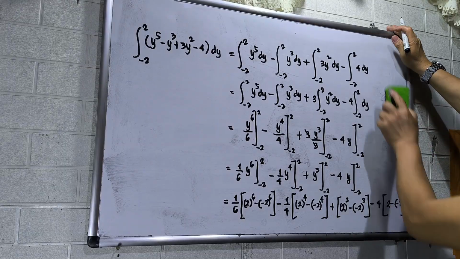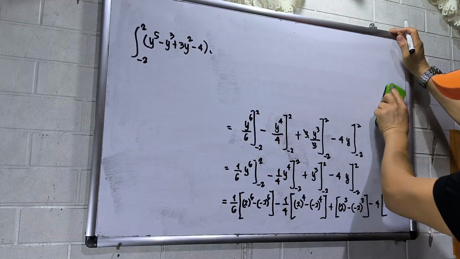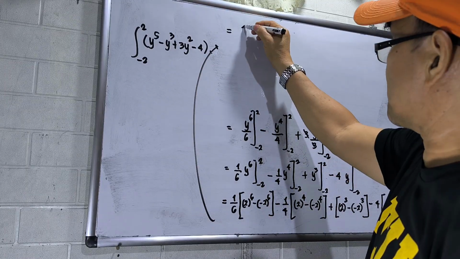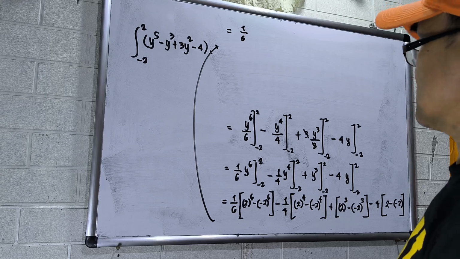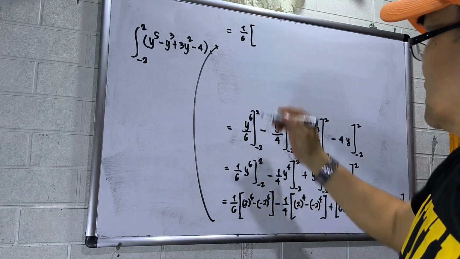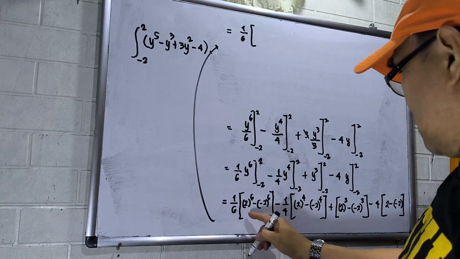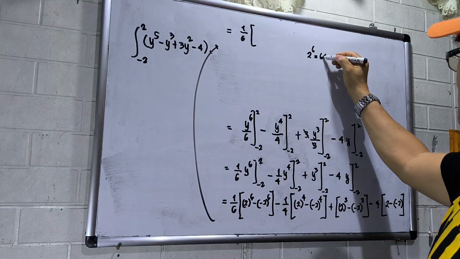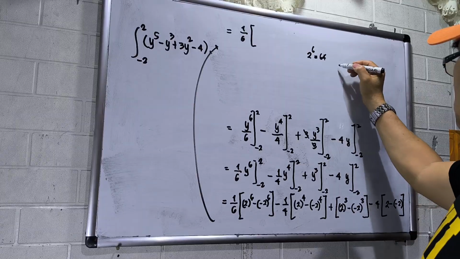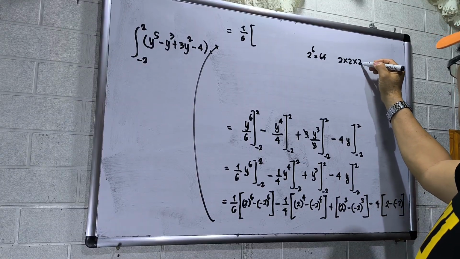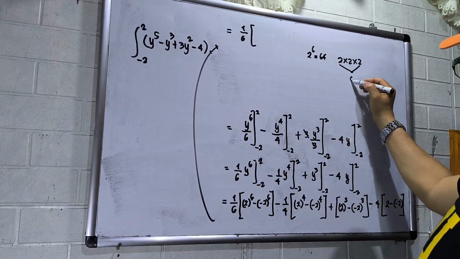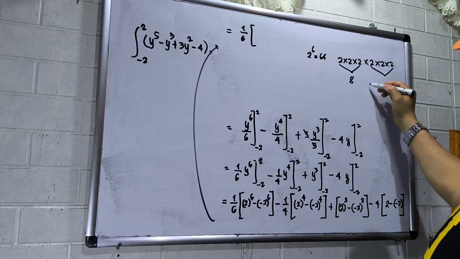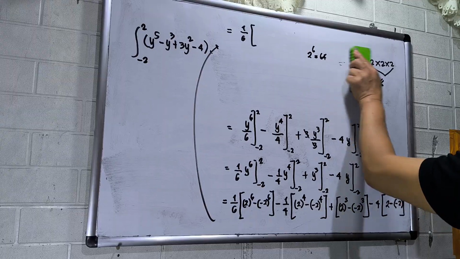Okay? I think I will erase this one. So, 1 over 6. This will be 2 to the 6, 64. 2 times 2 times 2, that is 8, times 2 times 2 times 2, this is 8. So 8 times 8, 64. Okay?